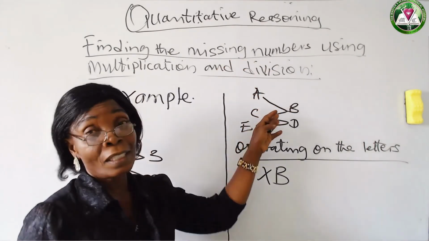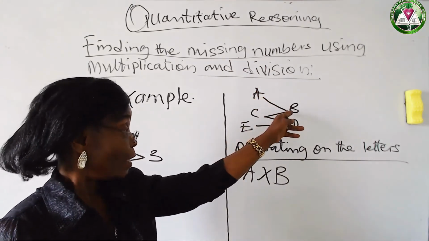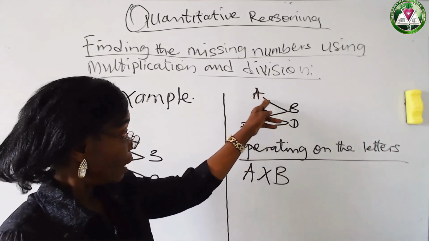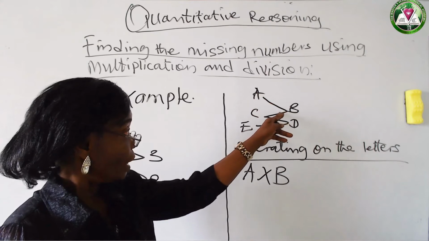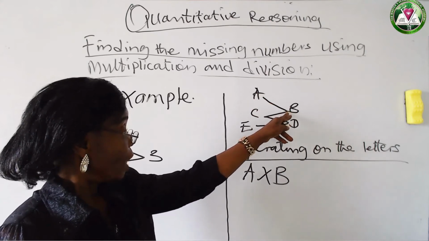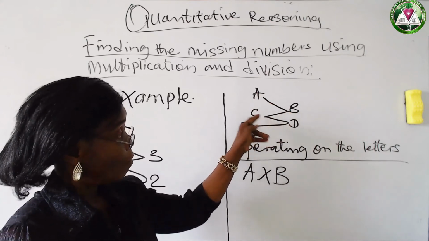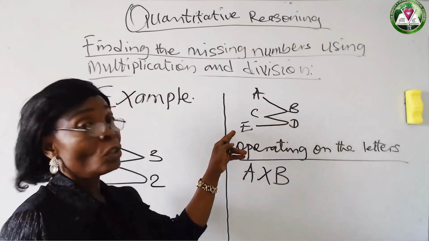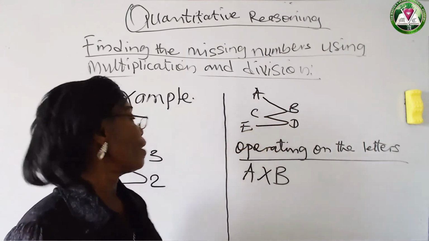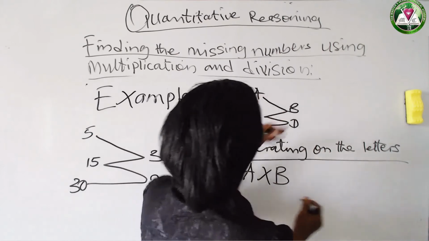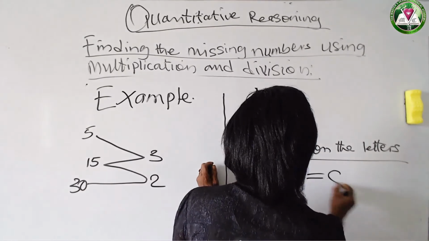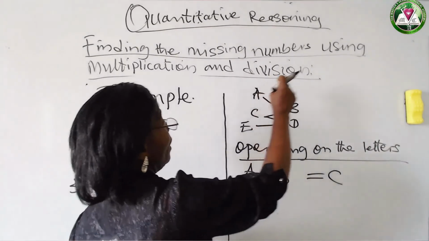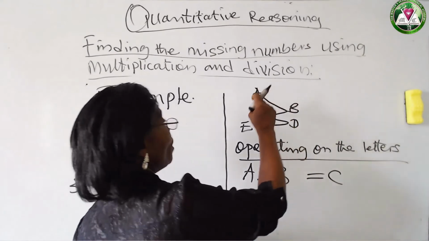That is what these lines are all about. It means from here to here. So A times B will give us C, that is this times this will give us this.